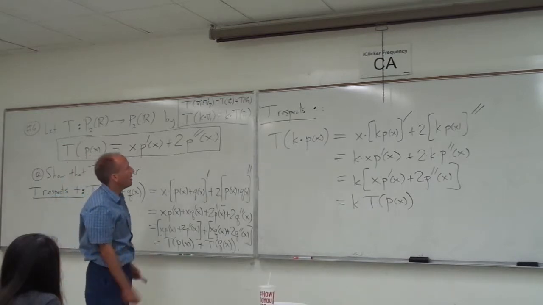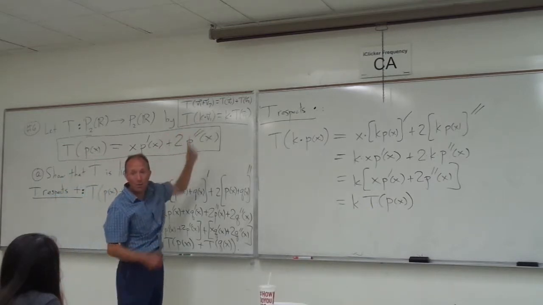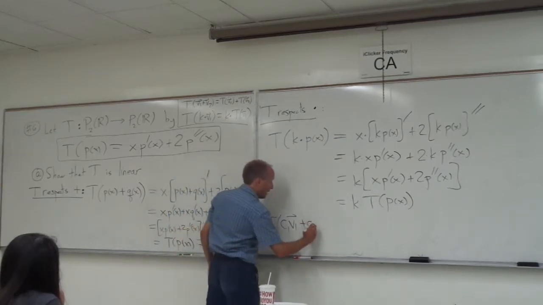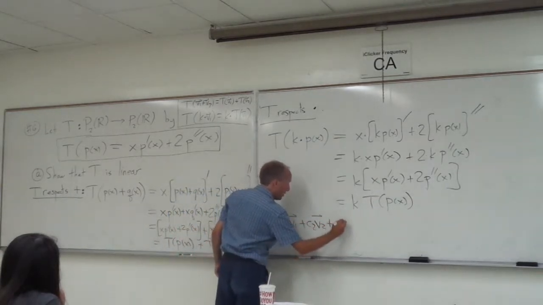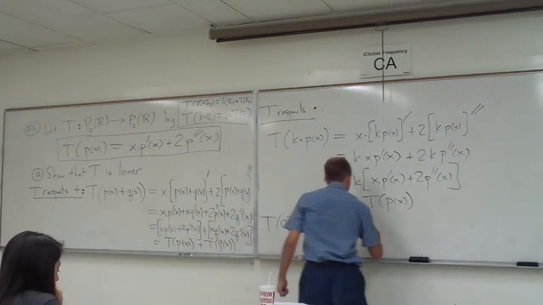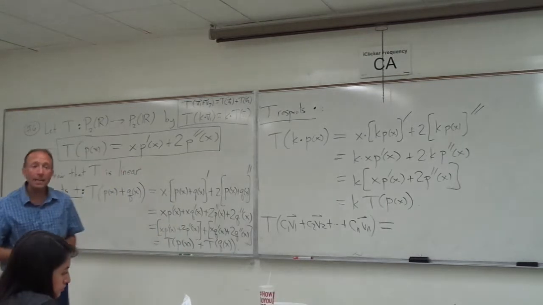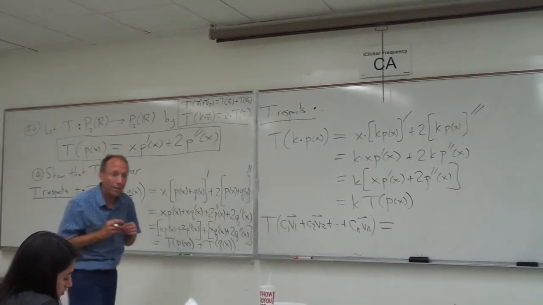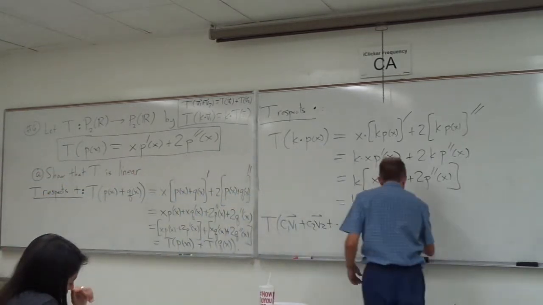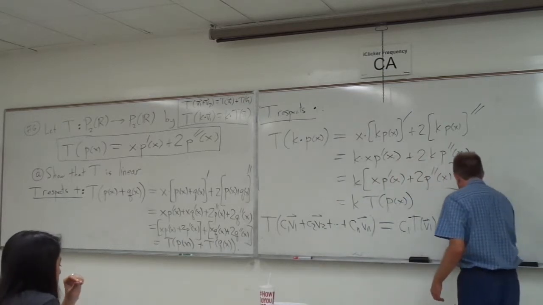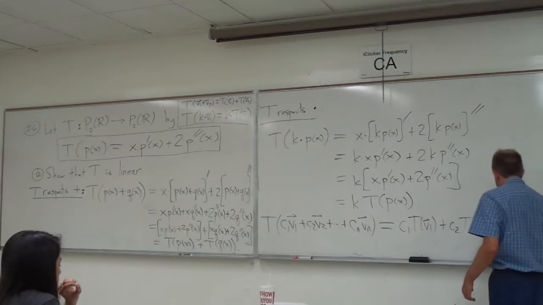In fact, between these two properties, you can actually do something even more general. If you have an entire linear combination, this is just a very general thing, if T is truly linear, you can pull all of the constants out and all of the plus signs out. So you can totally break this thing down.